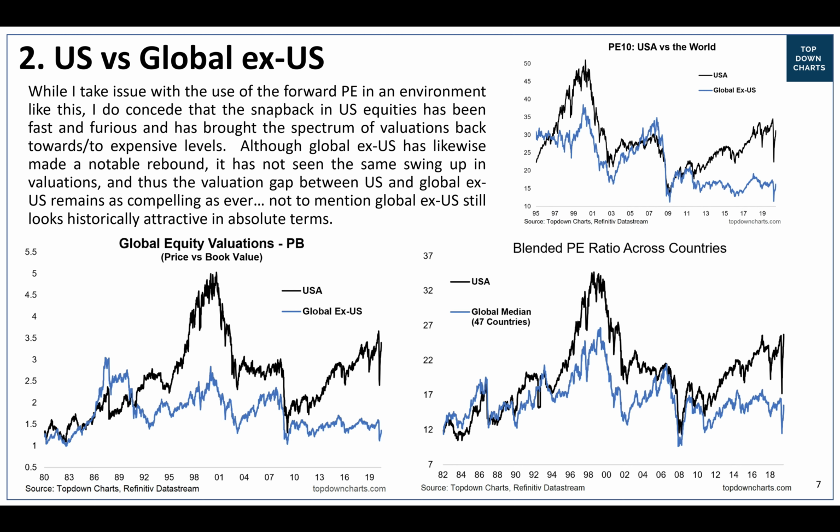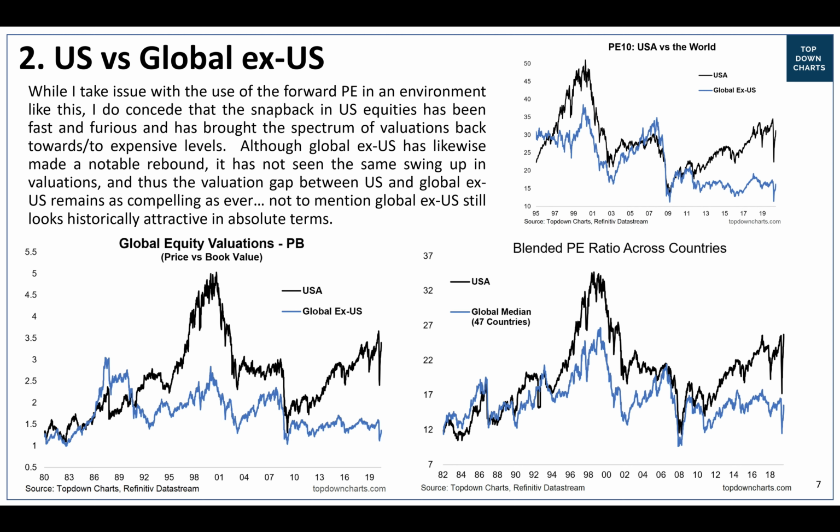The point of using a blended PE ratio is to maximize the signal and minimize the noise of each of the different types of PE ratios that go into it.